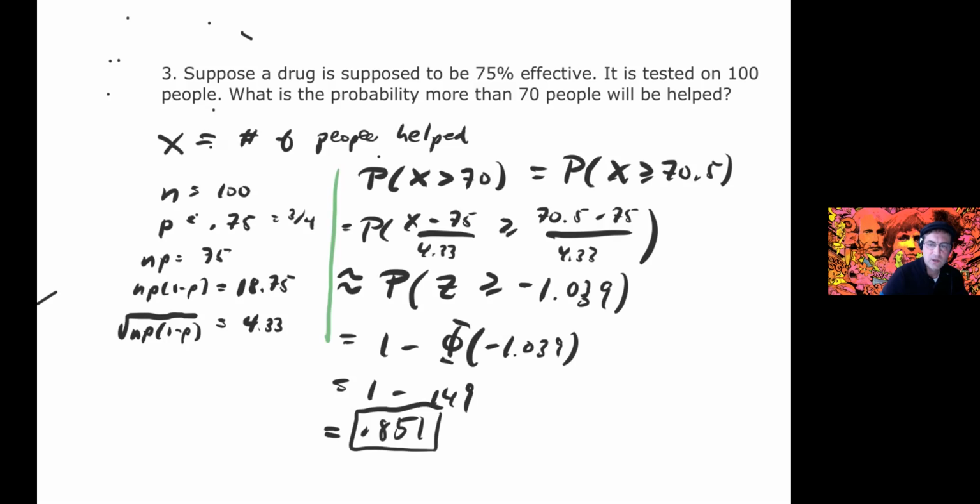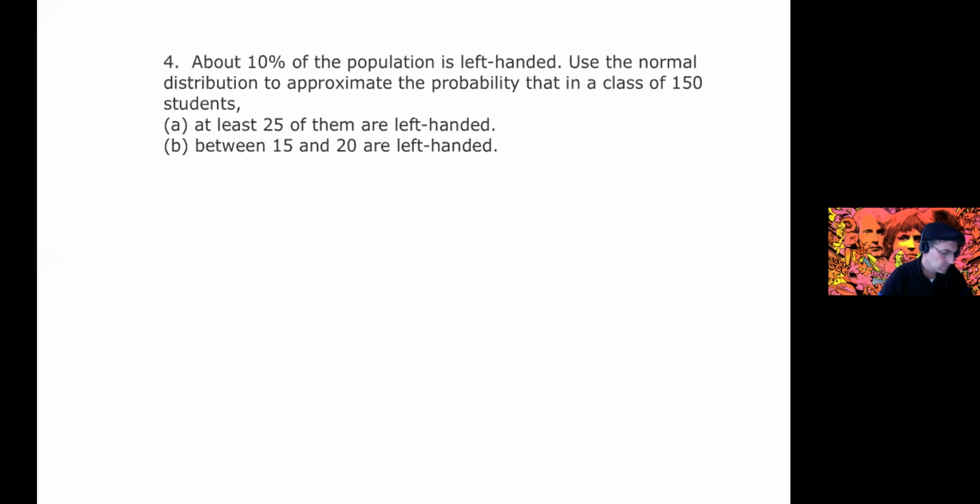Okay, let's go to another problem. In our last problem for today, about 10% of the population is left-handed. Use the normal distribution to approximate the probability that in a class of 150 students, at least 25 of them are left-handed, and in the other part of the problem, between 15 and 20 are left-handed.